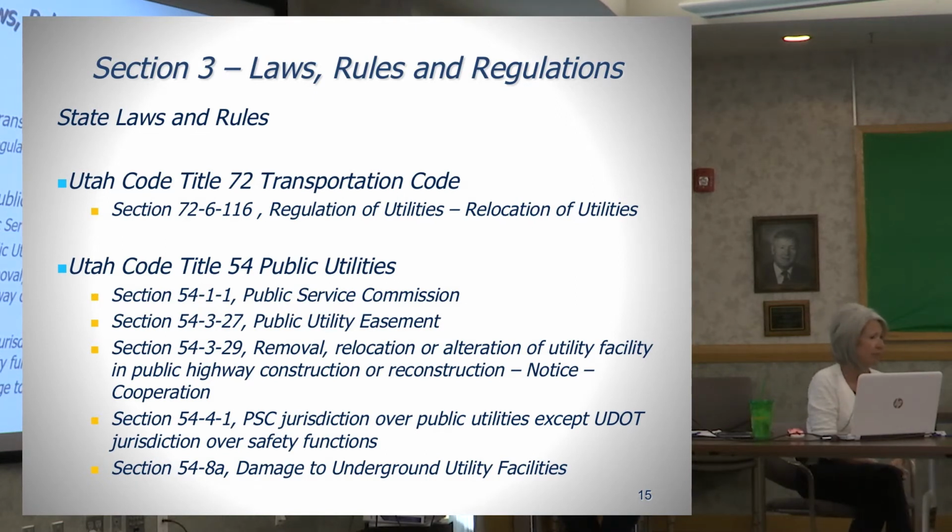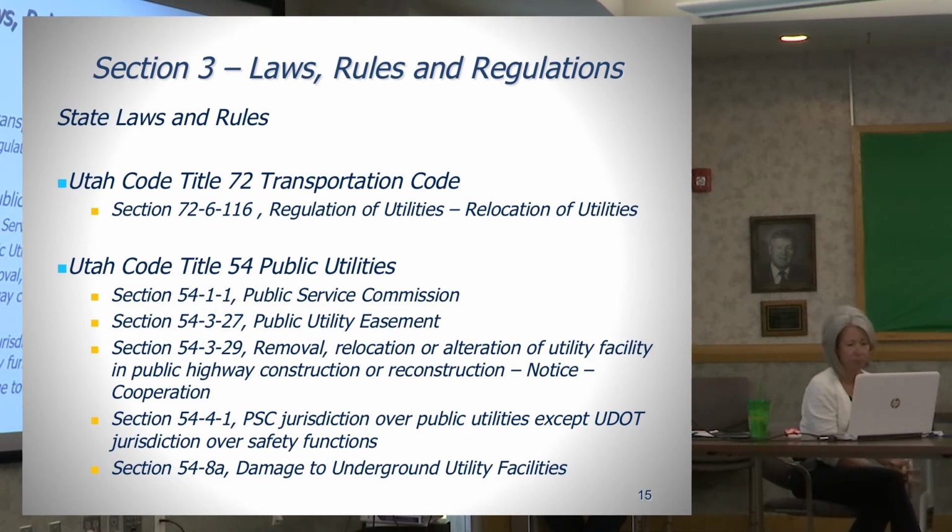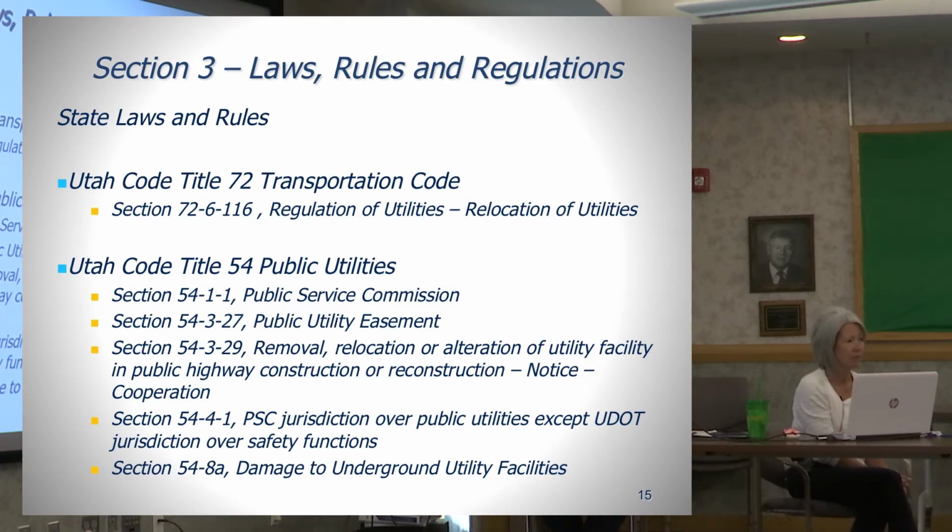This is the section where state law states that we pay 50% for relocations of utilities located in the right-of-way, and 100% when the utility company has a property interest in the location or it's owned by a political subdivision.